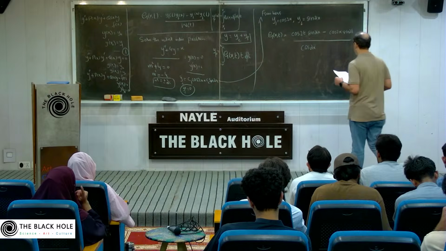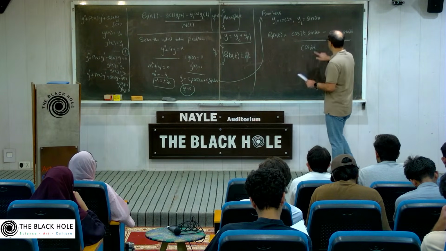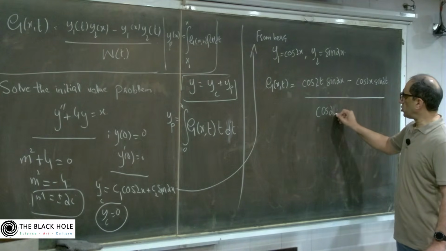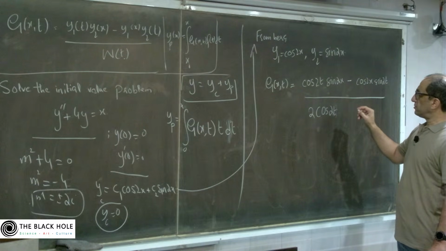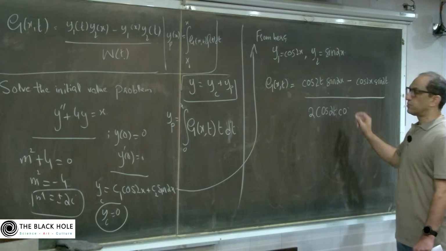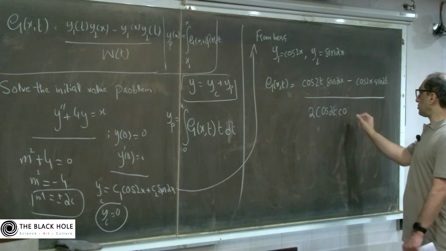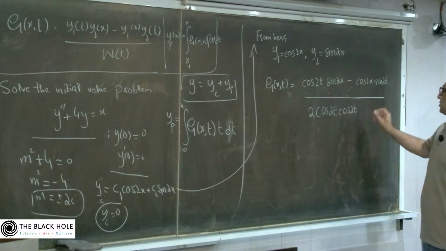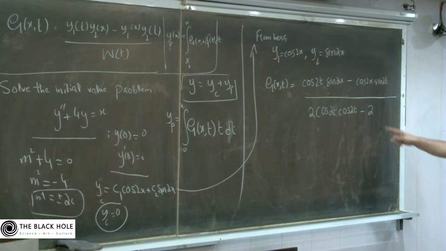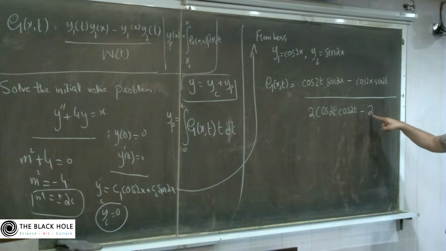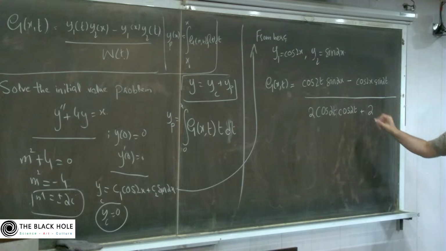So it was W of t. It will be cos 2t, and I will have a 2 here, and cos 2t, and minus, sine 2t with a 2, but this will be plus.